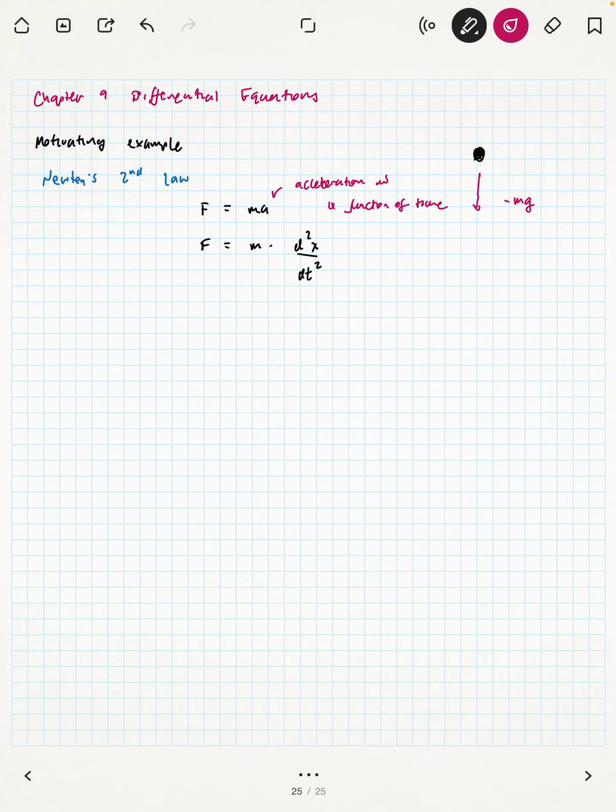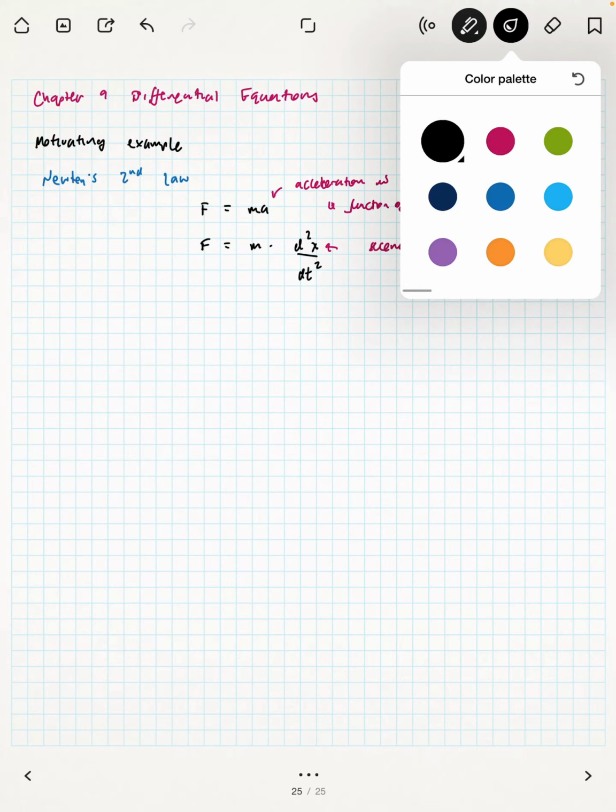And specifically, it's the second derivative of position. Okay?